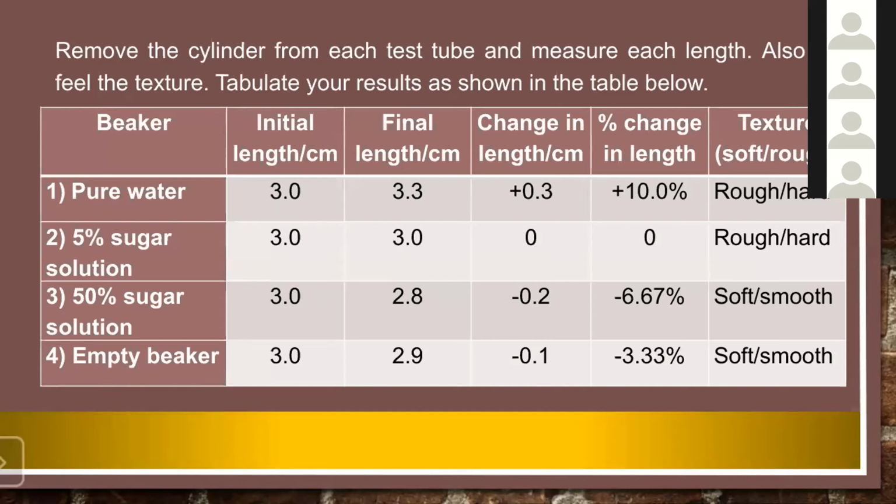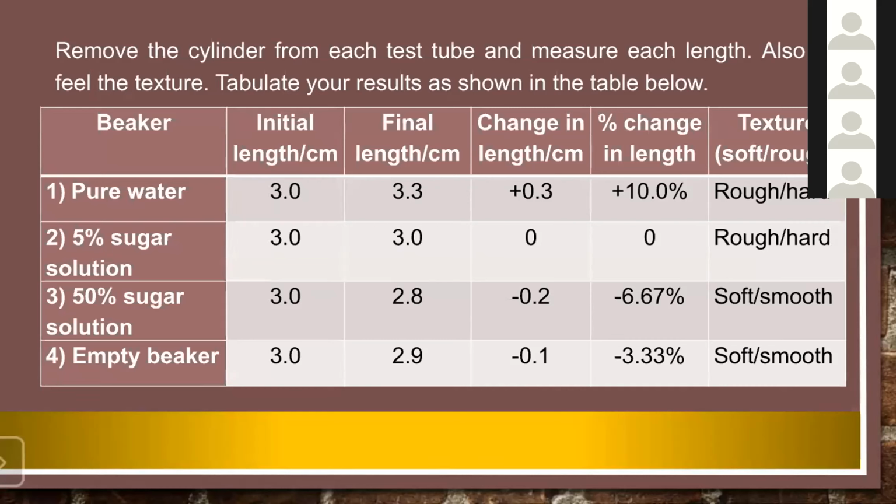As they reduce in size, that is because of the loss of water to the surrounding solution. So meaning that 50% sucrose solution can comfortably be described as a hypertonic solution. Which of these three solutions could be an isotonic solution?